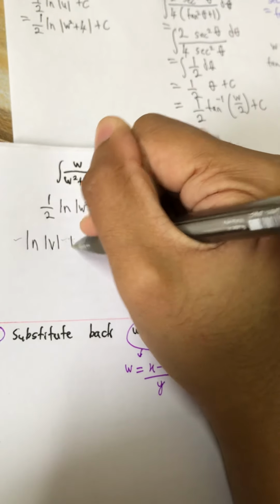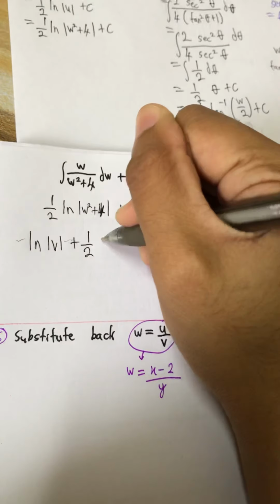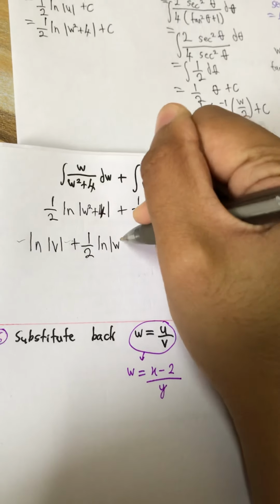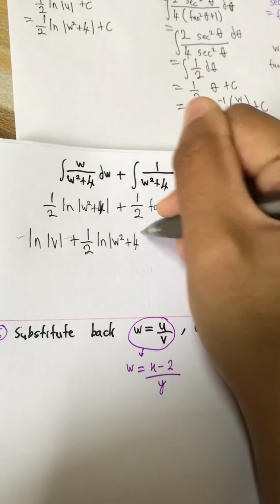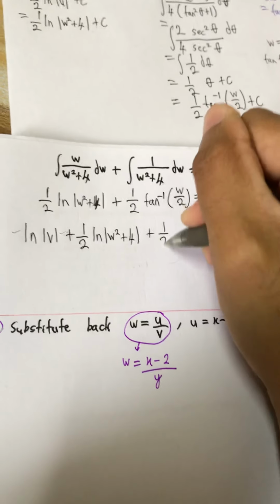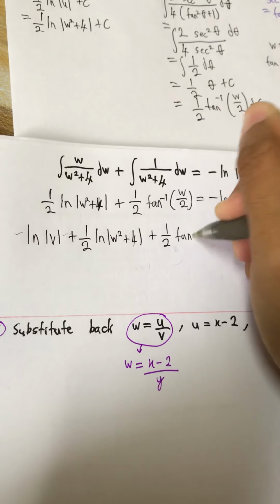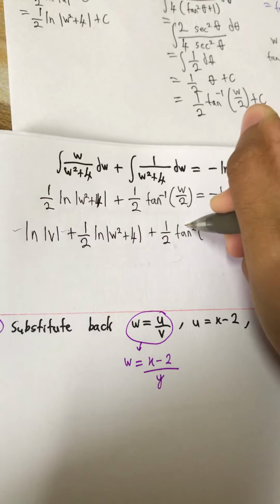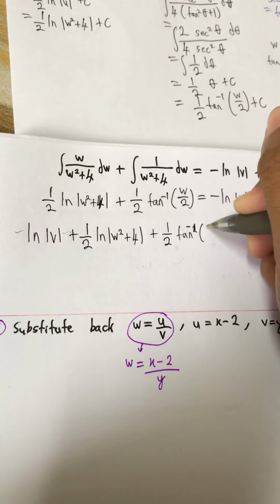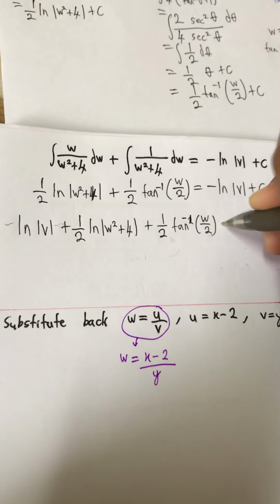So it becomes ln v + 1/2 ln(w² + 4) + 1/2 tan⁻¹(w/2) equal to c.